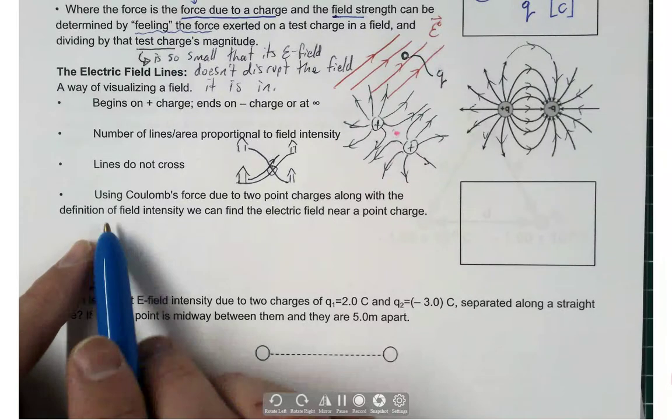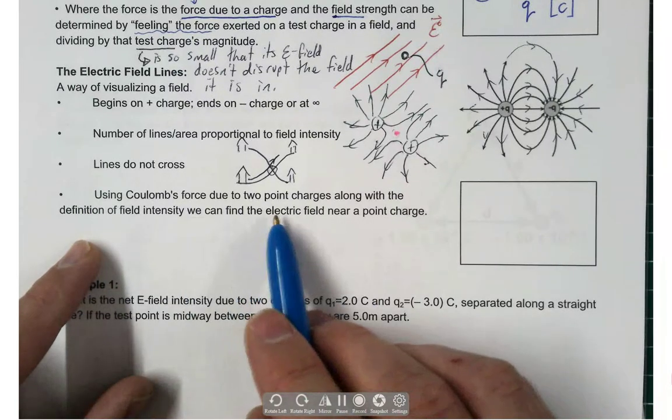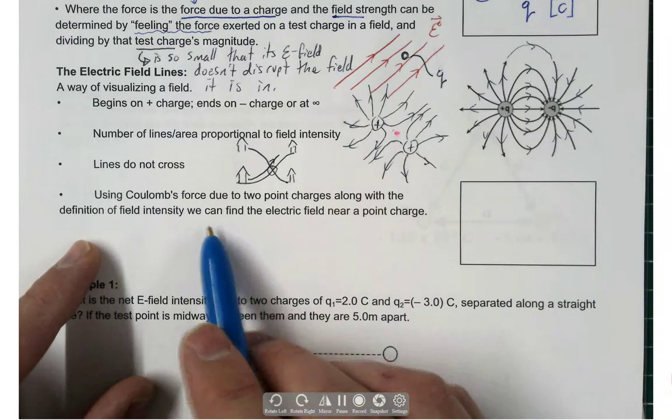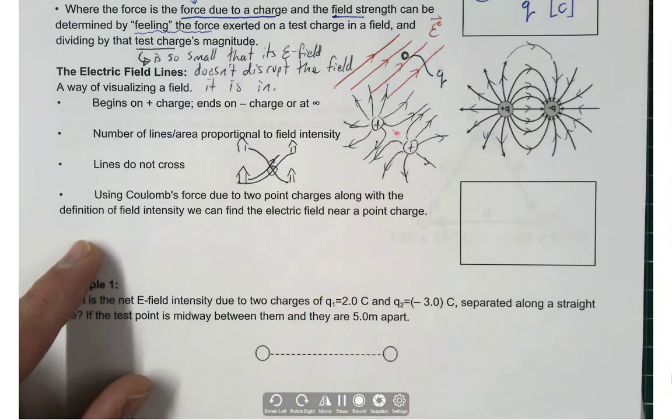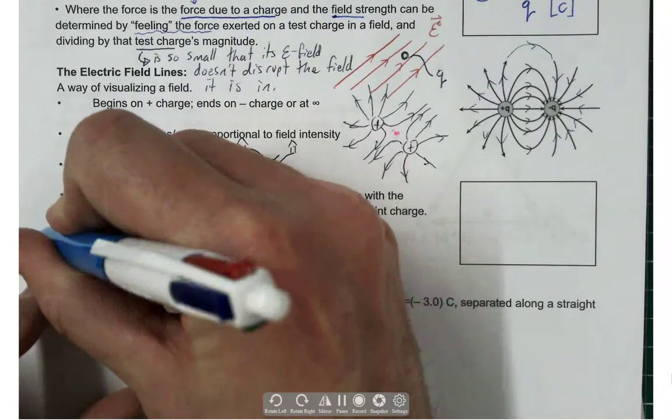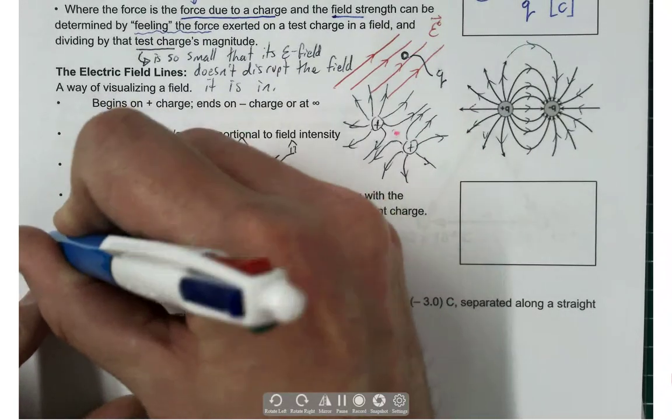Anyway, using Coulomb's force due to two point charges, along with the definition of field intensity, we can find the electric field near a point charge. And so, again, I want to emphasize what a test charge is. I'm going to call it Q test.